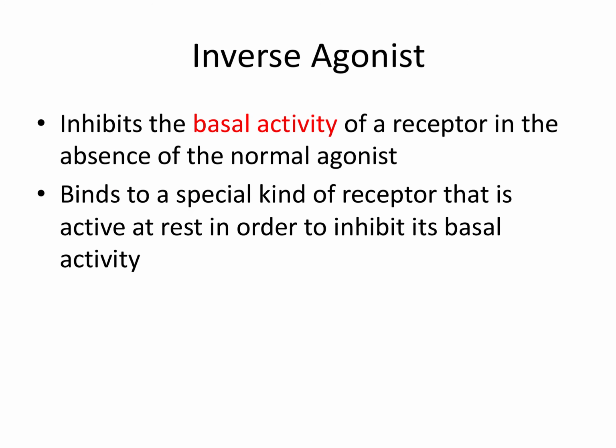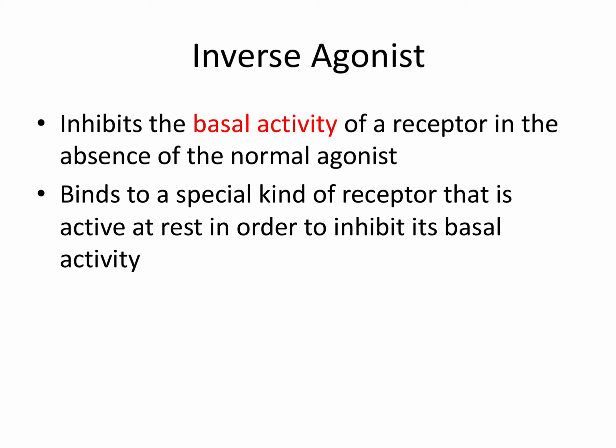And finally, we have the least common of these, the inverse agonist. An inverse agonist drug inhibits the basal activity of a receptor in the absence of the normal agonist. So essentially, let's say this receptor is activated normally without any agonists at all.